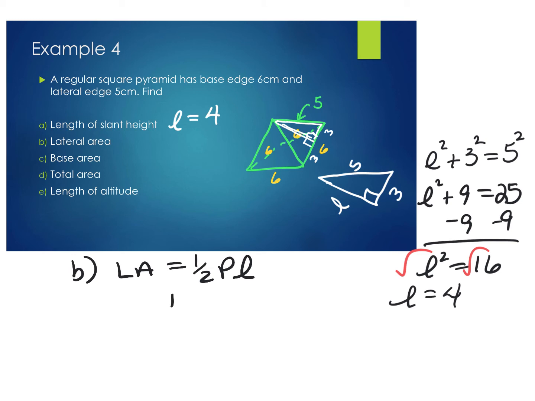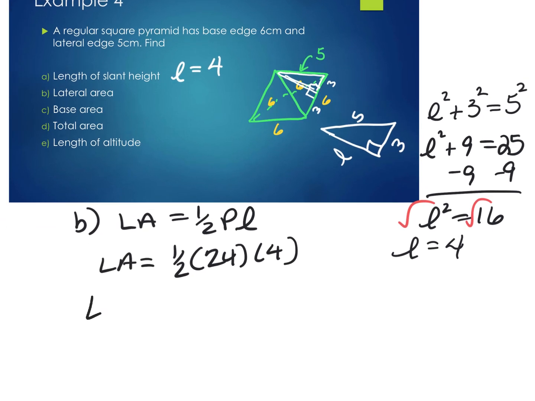So 4 times 6, the perimeter is 24, times the slant height, which I just calculated to be 4, giving me a lateral area of 48 centimeters squared.